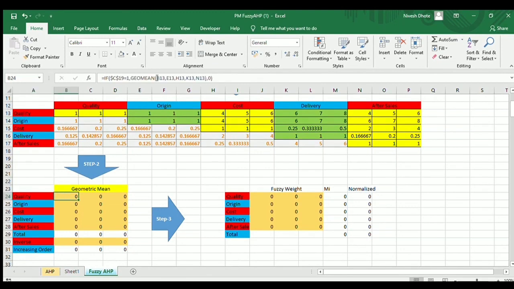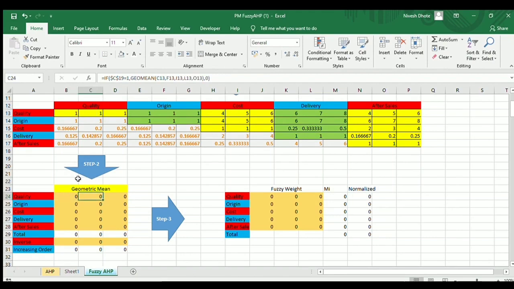Here we are using the formula GEOMEAN to calculate the geometric mean, and the first value will be the first values of all the factors with respect to quality. So the geometric mean of B13, meaning quality, first value, E13, H13, K13 and N13. So the first value of all the factors, and taking the geometric mean is my quality geometric mean of the first cell.